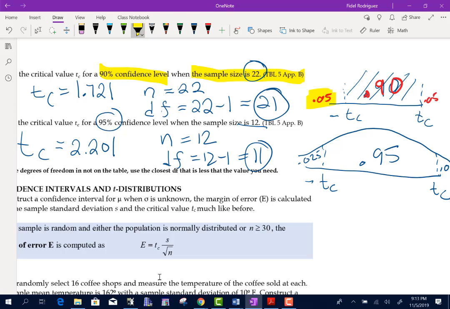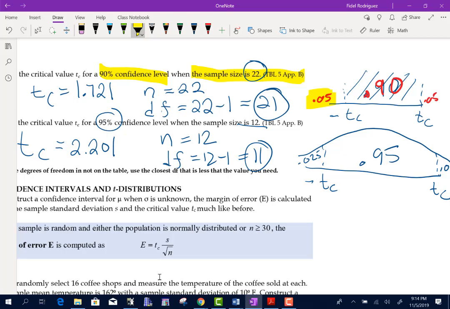The degrees of freedom. What was the degrees of freedom on our first problem? 21? Okay, so right here you're gonna type in 21, and you can just hit enter again, and let's see. Do you see how this is giving me the negative one? Look, I'm gonna switch back over.